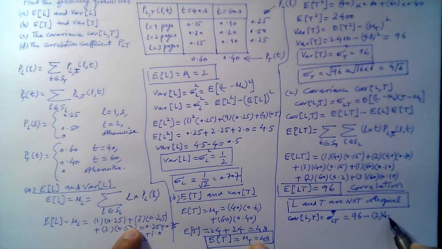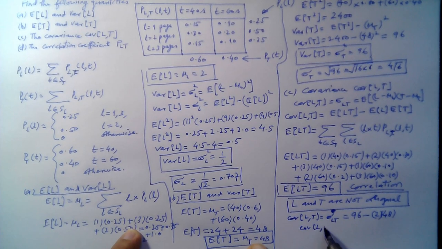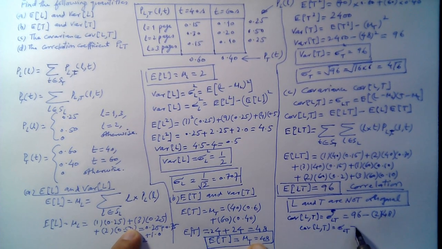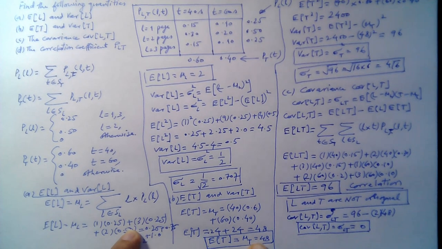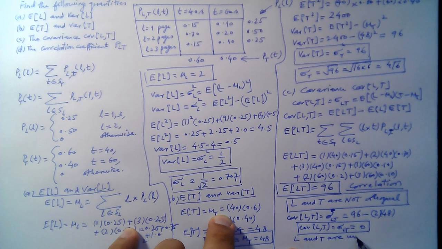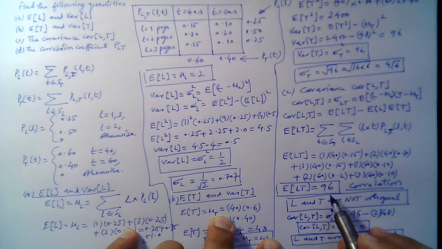So 2 multiplied by 48, so that again is 96. So covariance of LT is 0. So L and T are uncorrelated. Note that the value of this correlation is not 0, but still the random variables L and T are uncorrelated, right? Because their covariance is 0.